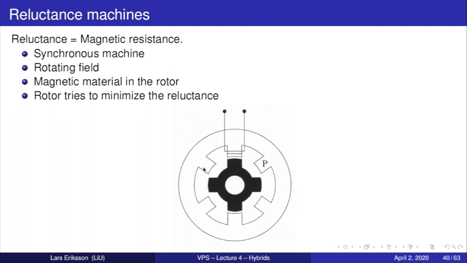Next step, we magnetize this one and we're pulling that guy up here. And in the next step, we are magnetizing this and pulling that guy over there. In this way, we can control the rotation by just having access to the reluctance. We don't need to have a permanent magnet. We need electrical fields and we need magnetic material.